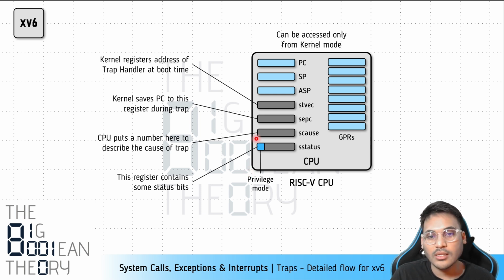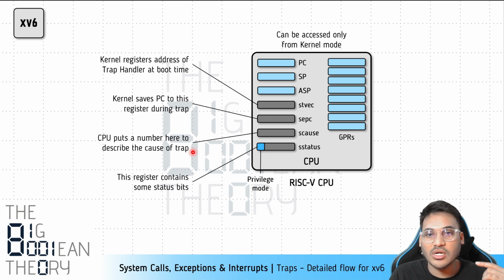Then there is the cause register. As you can see, the CPU puts a number here to describe the cause of the trap. As we know, a trap can be caused by a variety of reasons. It can be system calls, exceptions, or interrupts. Within exceptions, there are multiple types of exceptions.